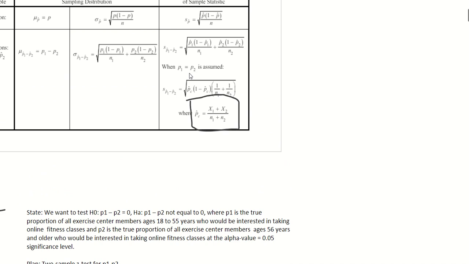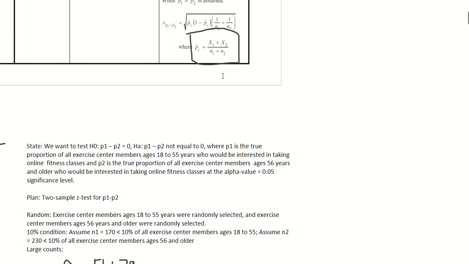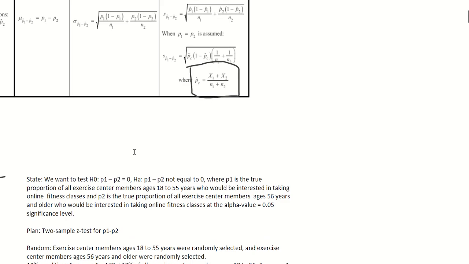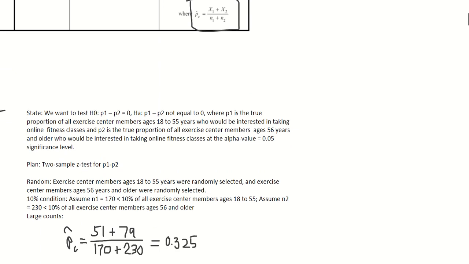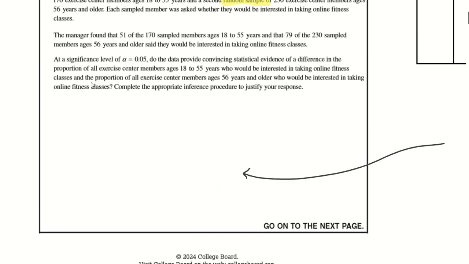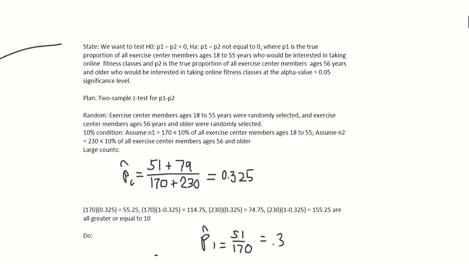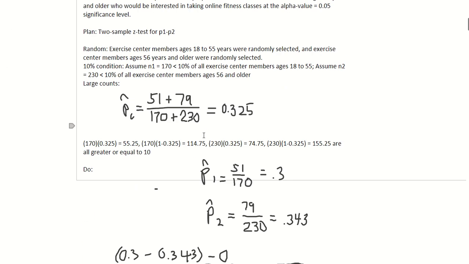And since we're assuming this, we have to calculate this value that I boxed here. We need to use this formula. Now going back to the problem, this paragraph right here, x1 would be 51, x2 would be 79, n1 would be 170, and n2 would be 230. Plug in those values, and we get 0.325.